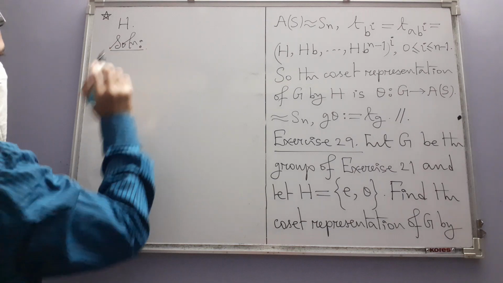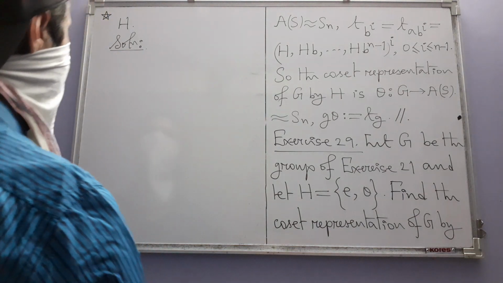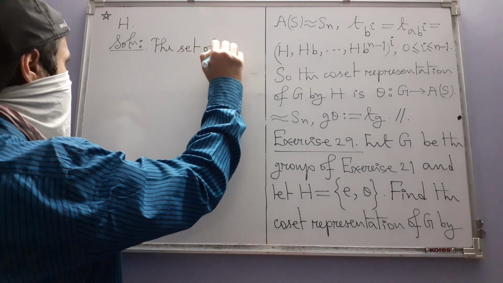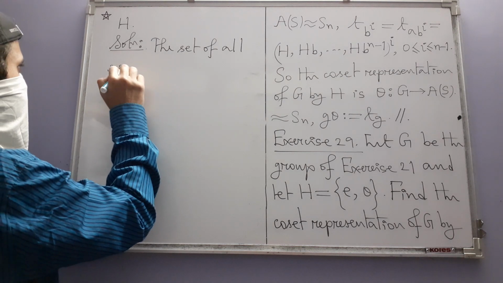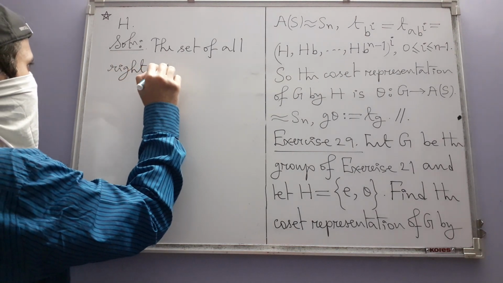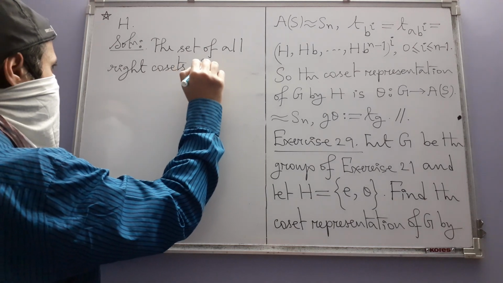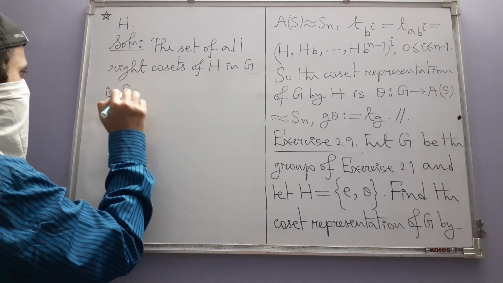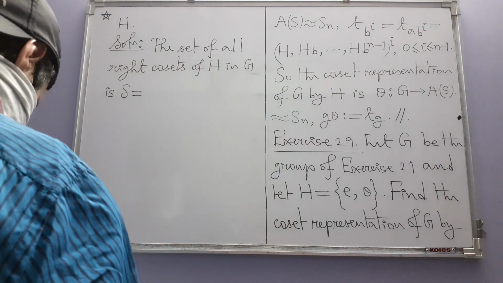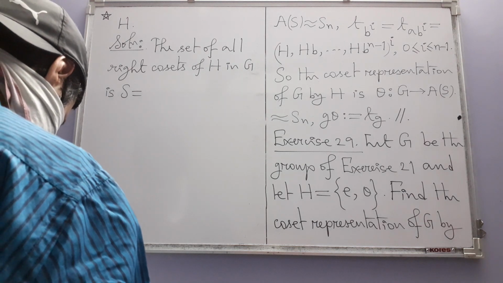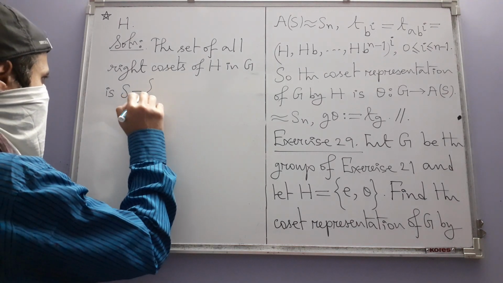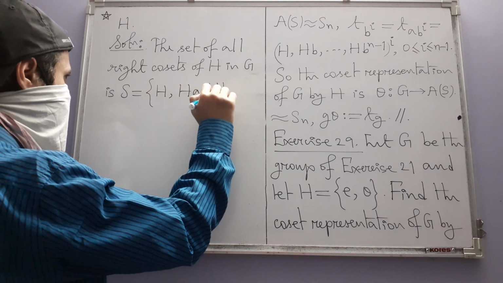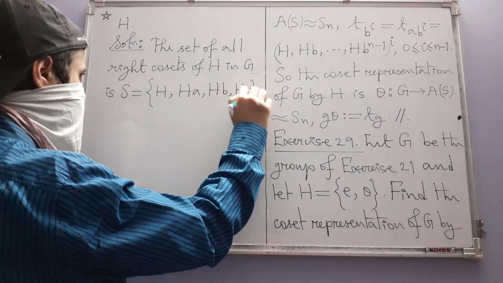Solution: the set of all right cosets of H in G is, okay, so here the right cosets are just simply H, HA, HB and HC.